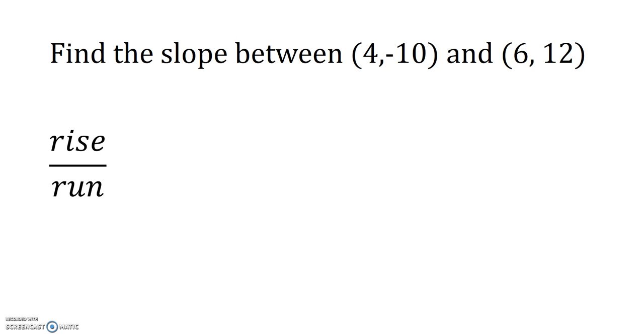Now, what if we don't have a picture? You can apply the same concept. Your rise, again, is your vertical movement. So if I'm going from -10 to 12, those would be my vertical measurements.